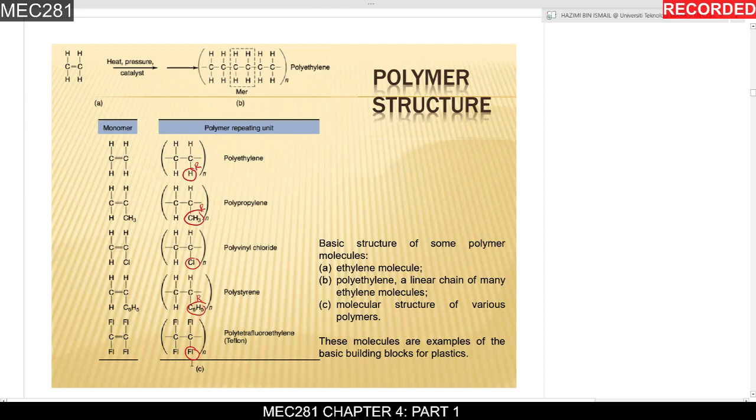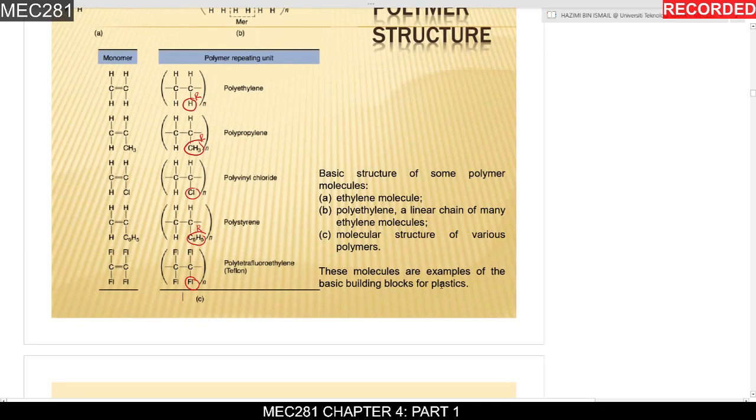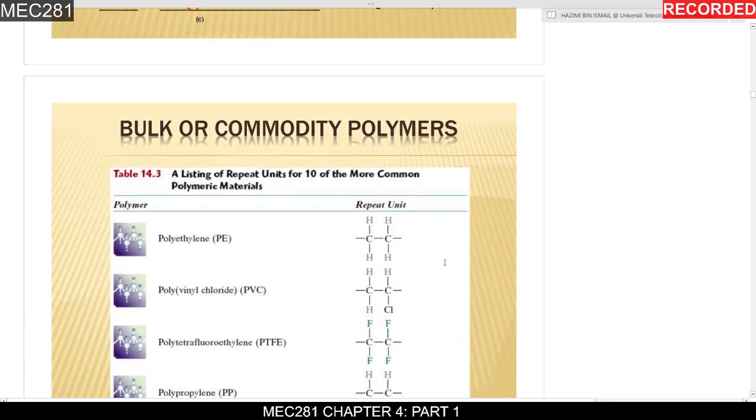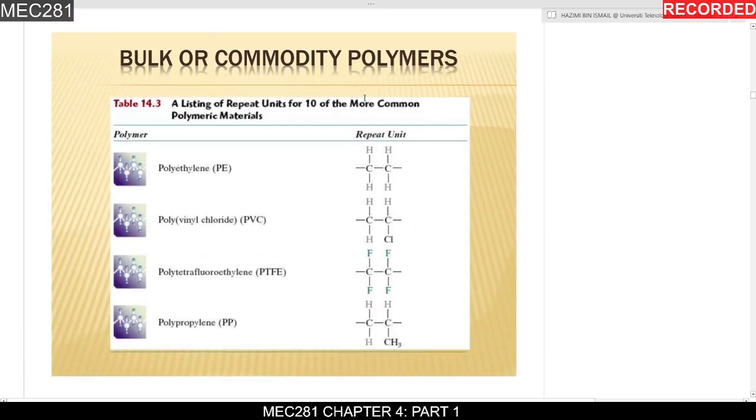So it also makes the names of the compounds different from each other based on the R element here, the organic element here. So the basic structure of some polymer molecules, the ethylene molecule and so on, is already mentioned here. These molecules are examples of the basic building blocks for plastics. Okay, bulk or commodity polymers.